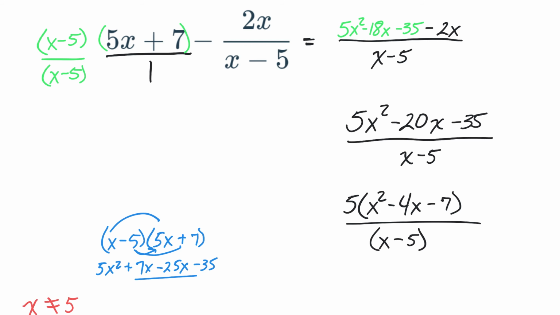Now, we actually have 2 correct answers here. This is a correct answer. We had to do that to make sure that nothing canceled. But also, this is a correct answer. The Delta Math is probably going to want what I highlighted in yellow, but it should take both.